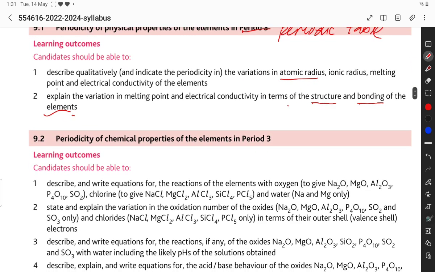So candidates should be able to describe qualitatively and indicate the periodicity in the variations in atomic radius and ionic radius.